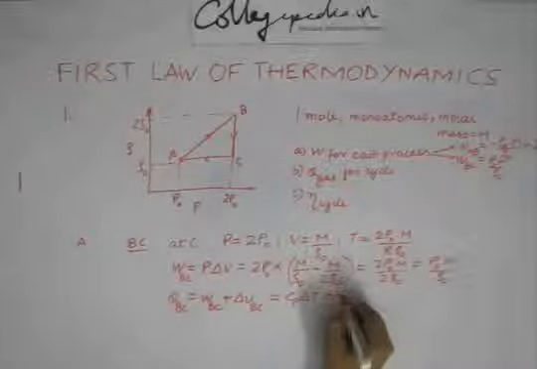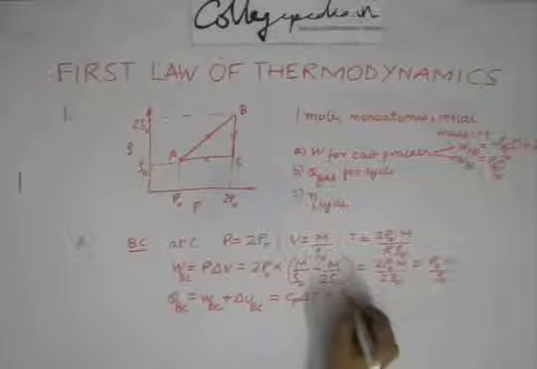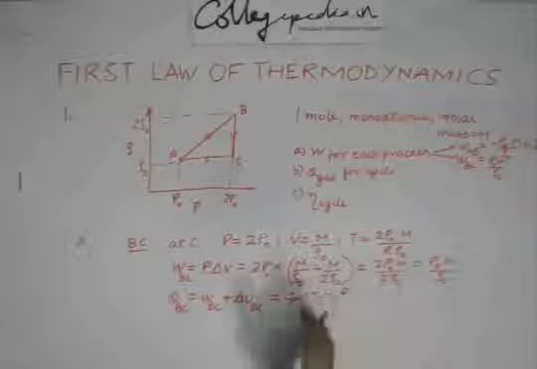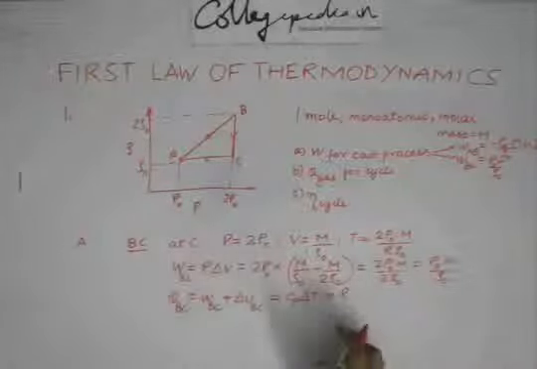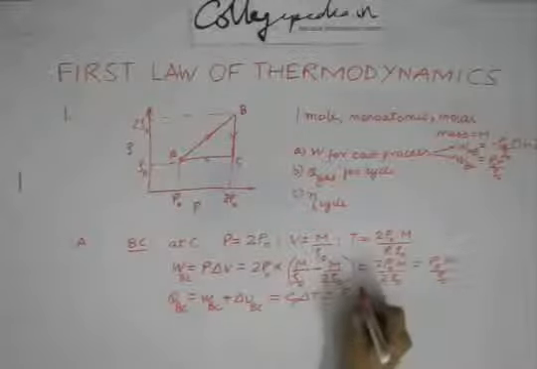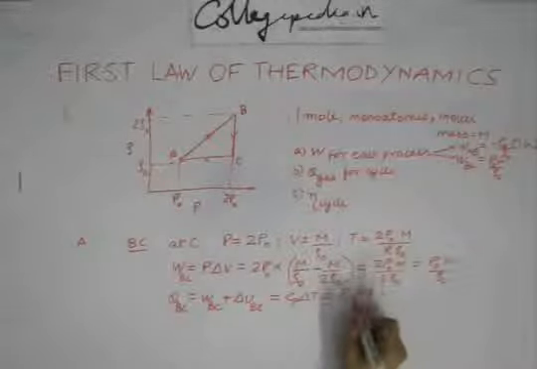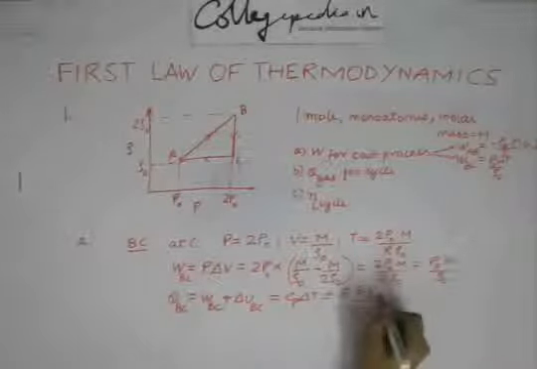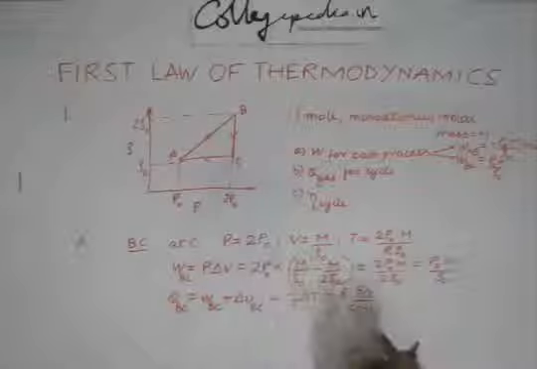From that, we can write R times 5 by 3 divided by 5 by 3 minus 1, multiplied with the change in temperature.